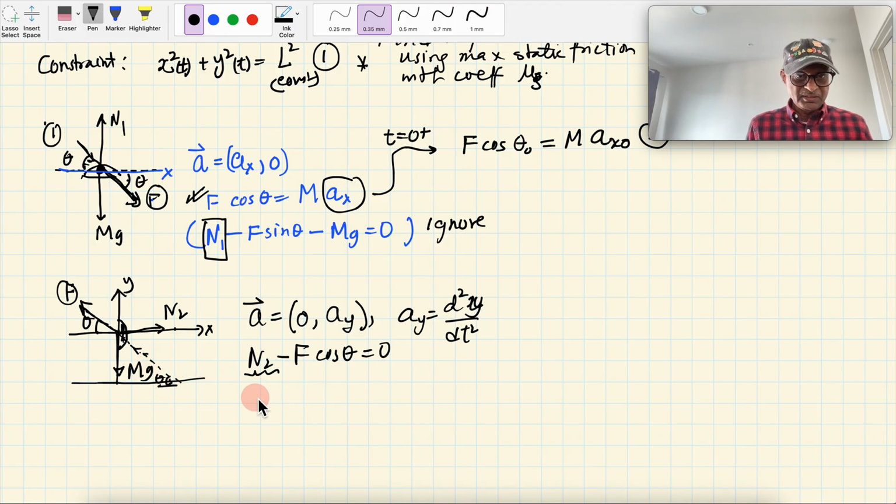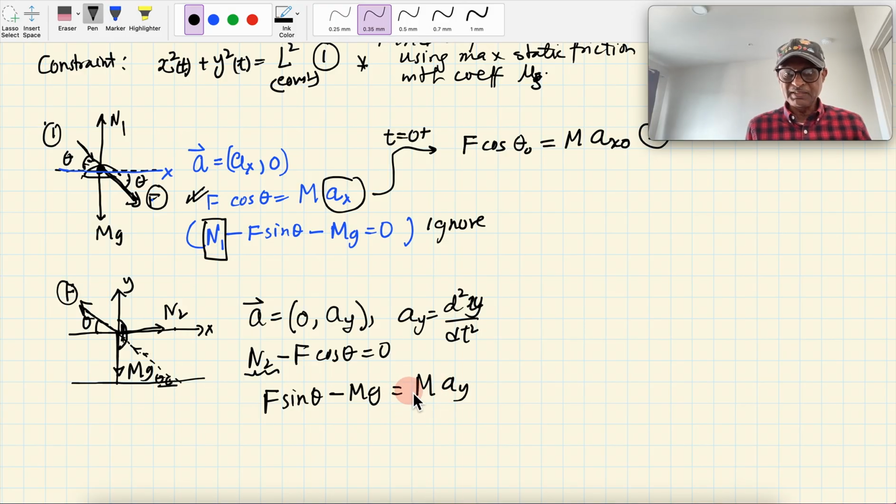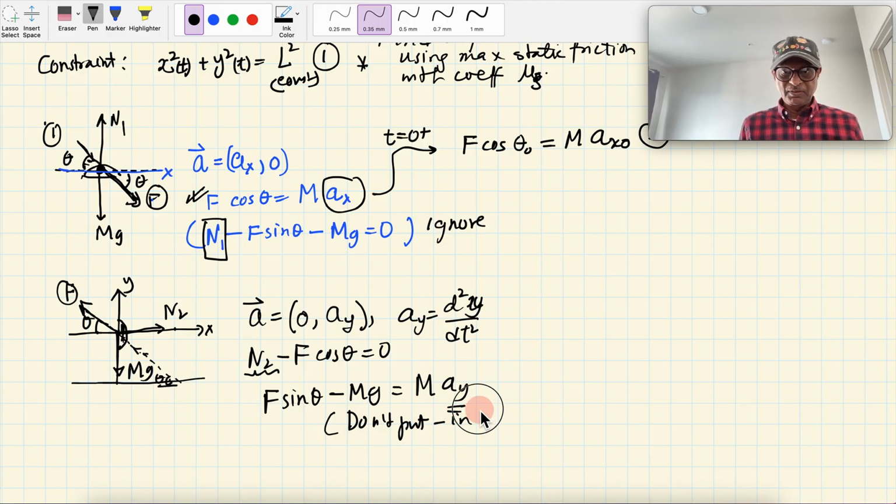And in the y direction there's nothing from here, but this one says f sine theta minus mg equals may. You don't put a minus in front of ay, because we're just using this, so automatically it'll give me the answer. So don't put a minus in front here. This is a common error.